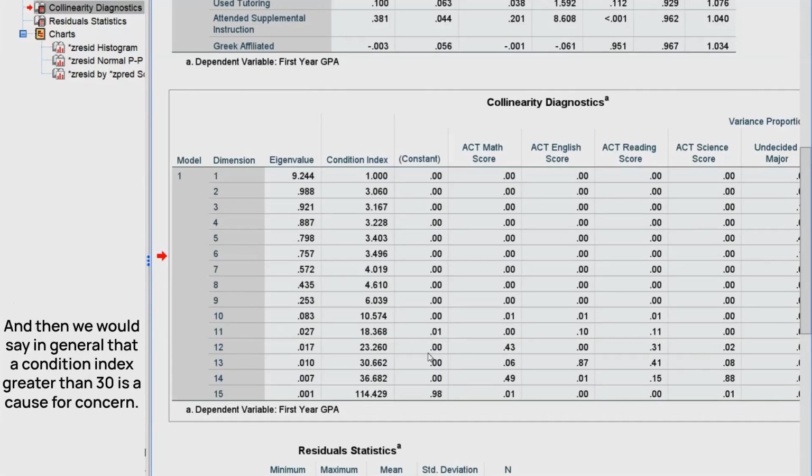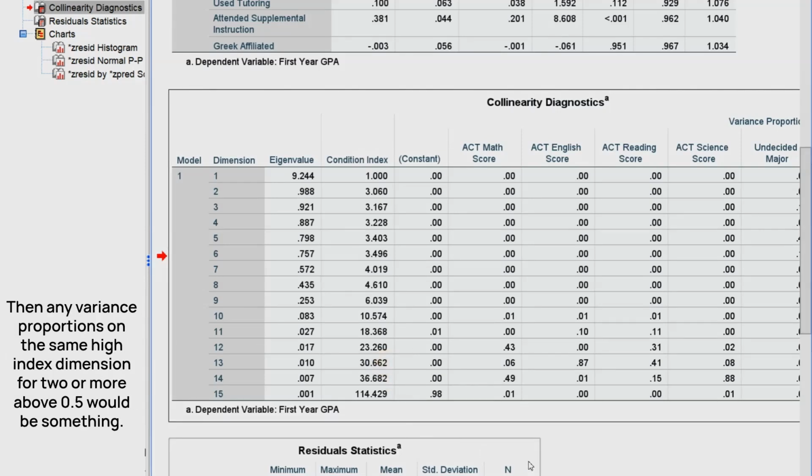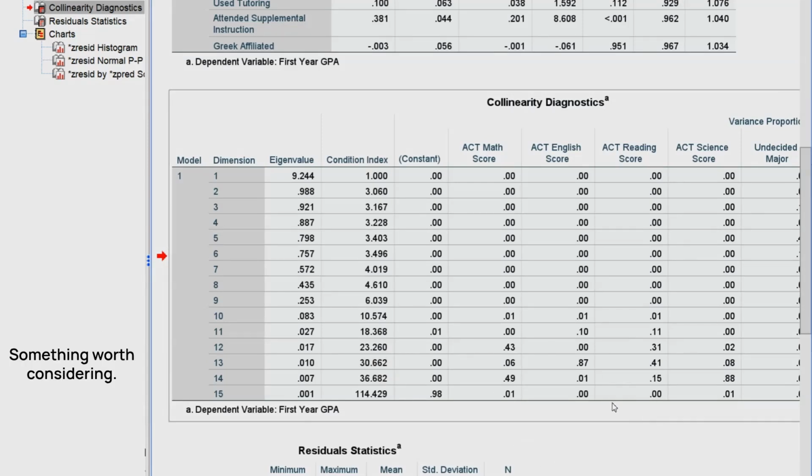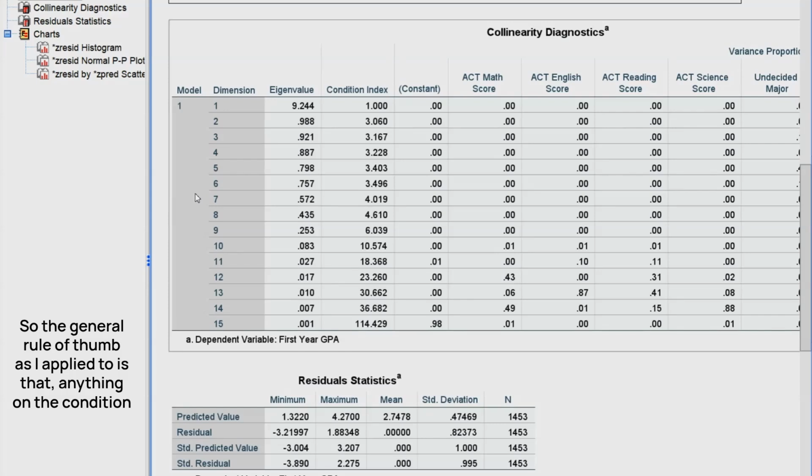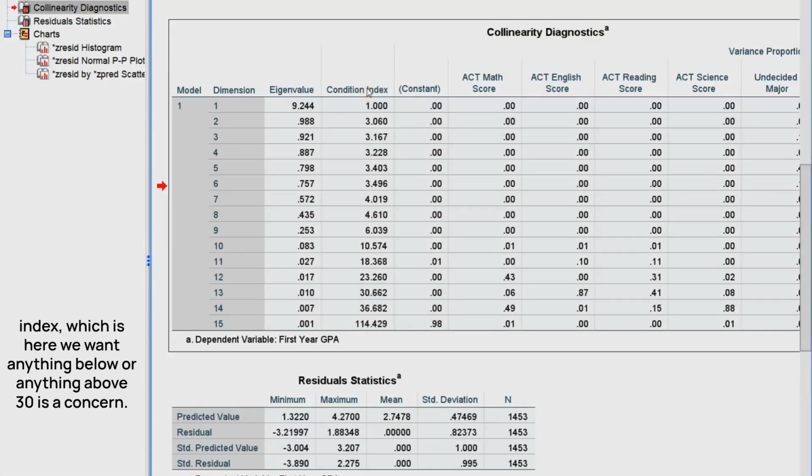And then we would say in general that a condition index greater than 30 is a cause for concern. And any variance proportions on the same high index dimension for two or more above 0.5 would be something worth considering. So the general rule of thumb, as I applied it, is that anything on the condition index, which is here, above 30 is a concern.